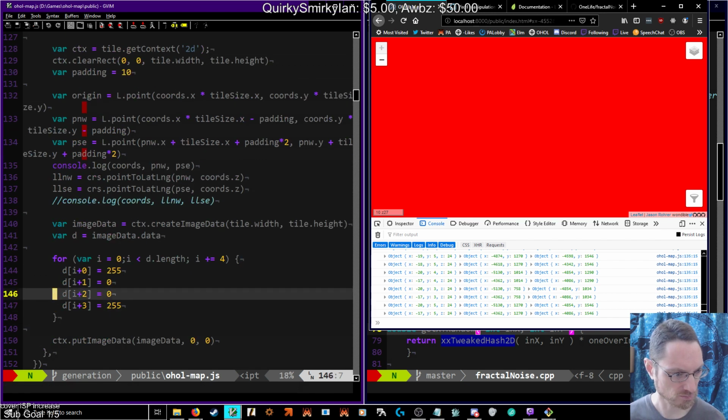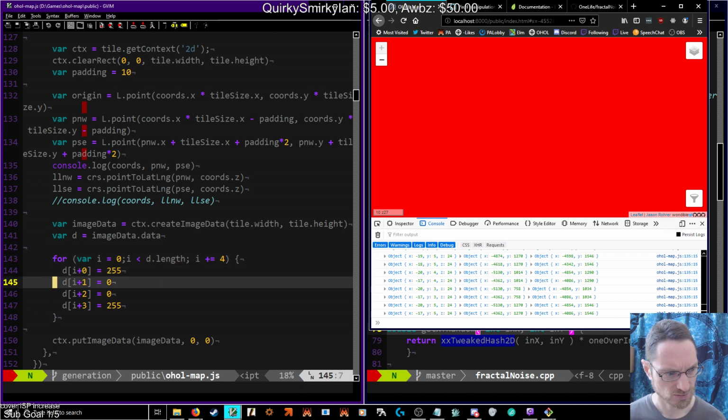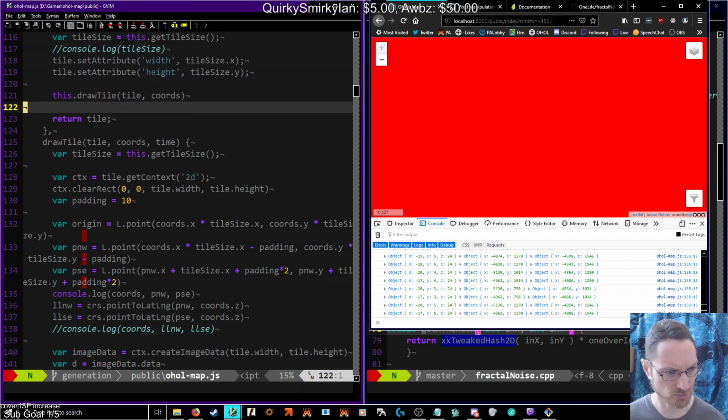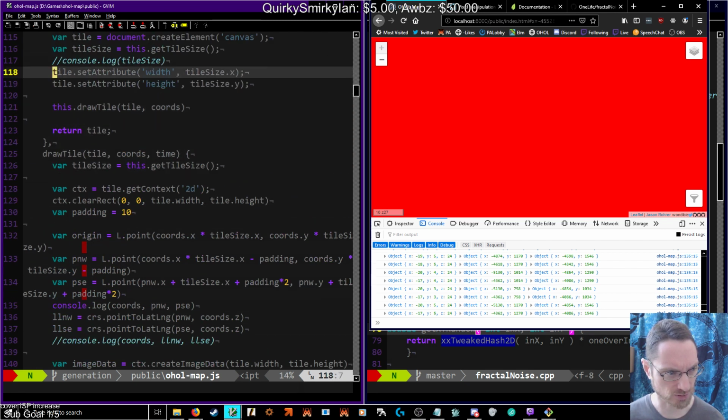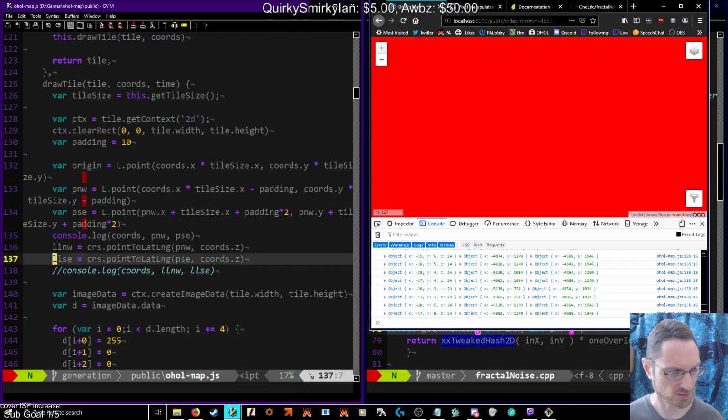I guess I could just start with just the XY within the tile, just to see something. We do kind of have to get this working at some point. Tile size.